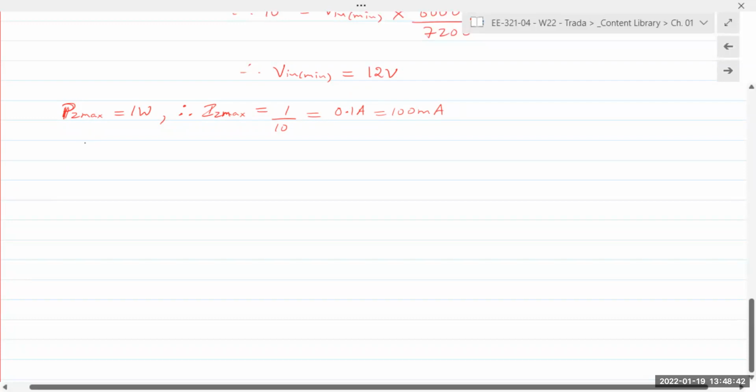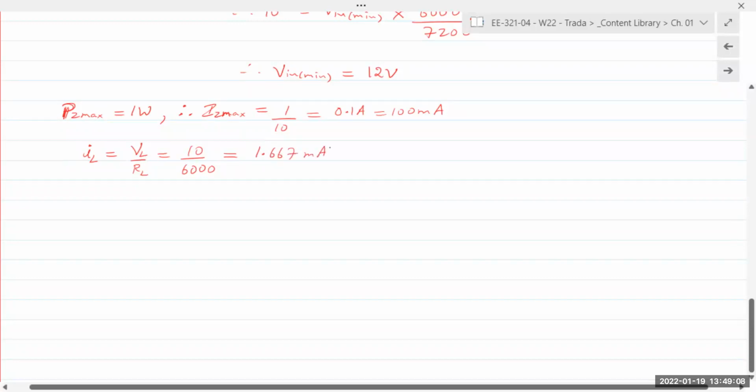Now, IL has to equal VL over RL, so 10 over 6,000. That is 1.667 milliamps.